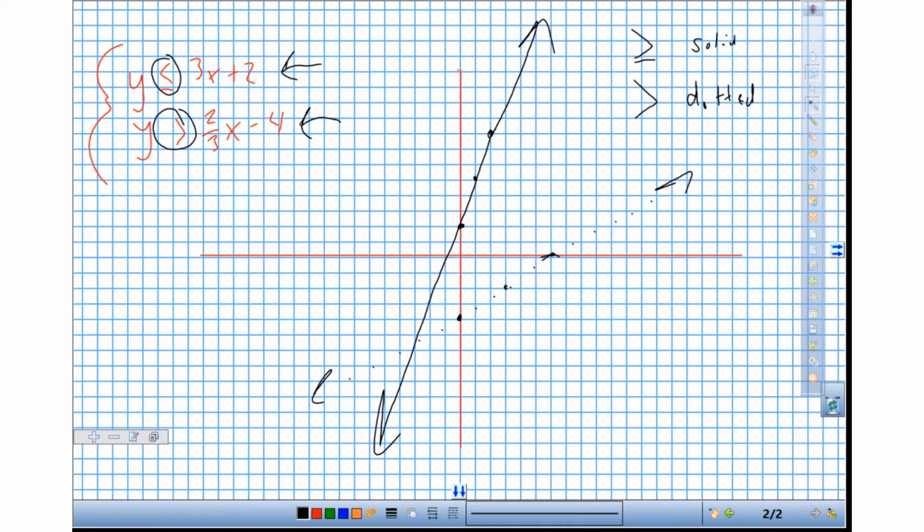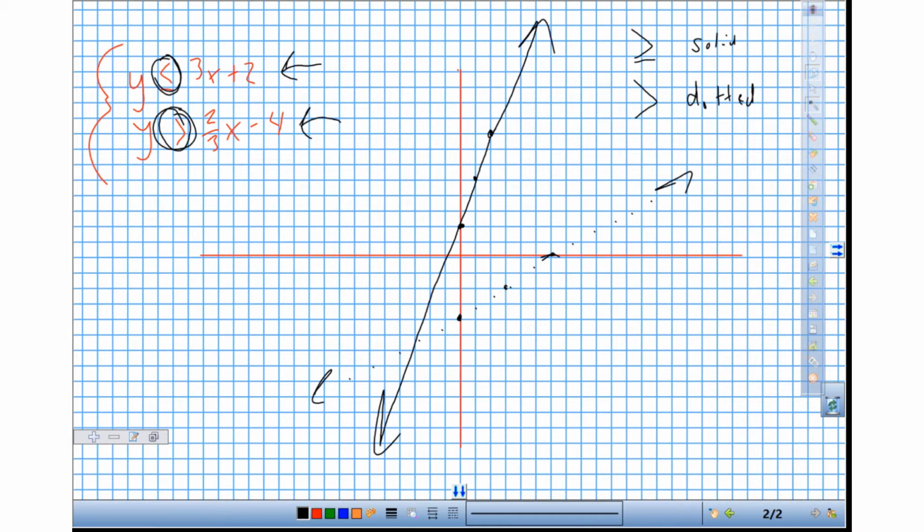Now, listen, the thing about systems of inequalities is that anytime I graph these, I have to shade some type of region here, okay? And so when I look at these two lines, I'm also going to look at these symbols and see which direction they're pointing.